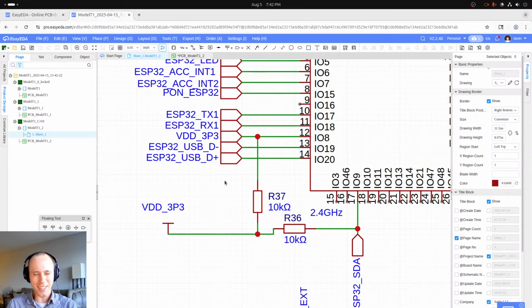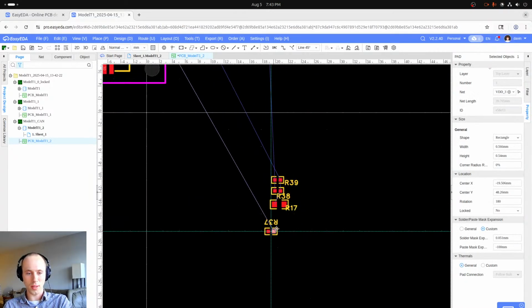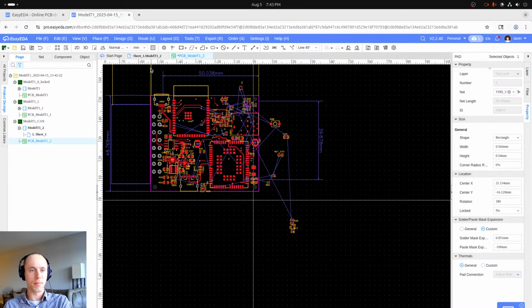What? This doesn't make any sense. So, okay, well, one of these is supposed to be... I don't know, man. Why are you pulling up 3P3 to itself? This I'm also going to put in the what is going on bucket.